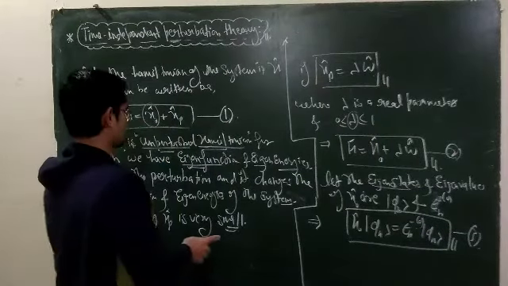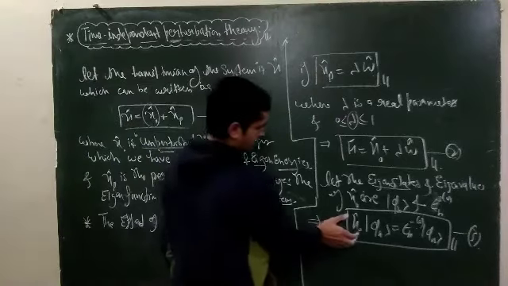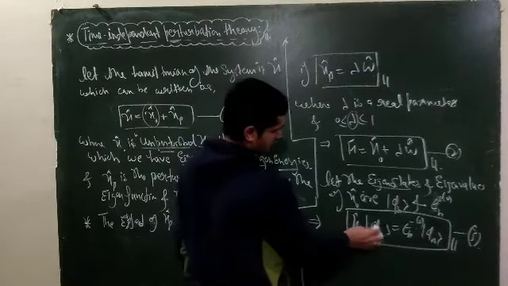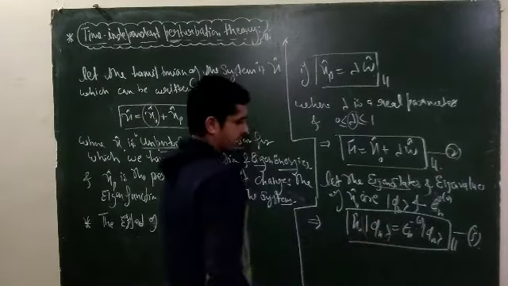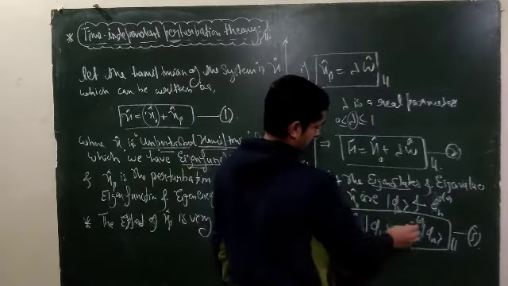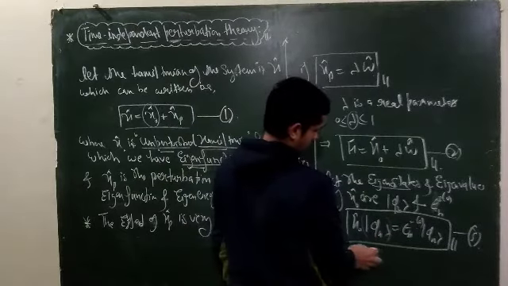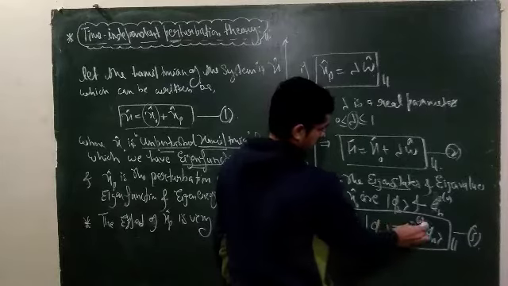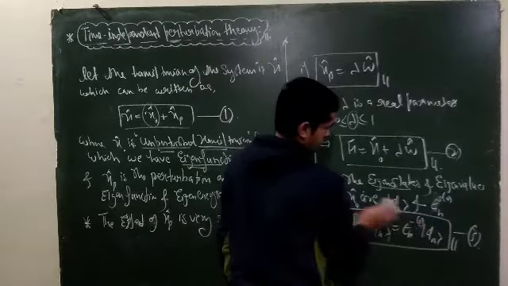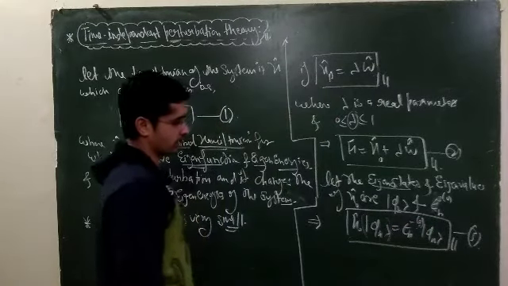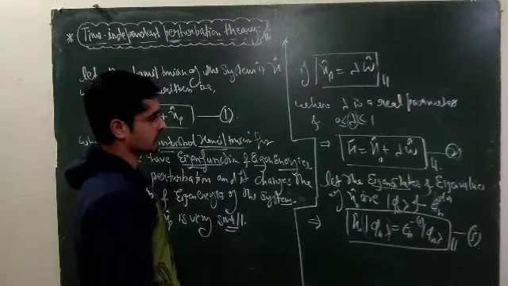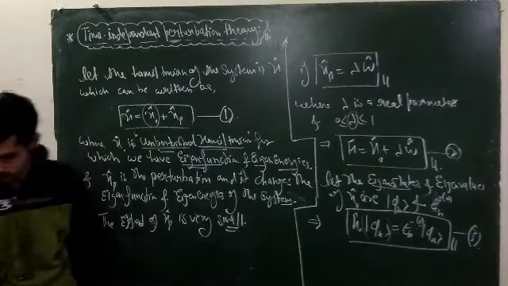This is our assumption that this Hamiltonian can be solved exactly, and its solutions are these phi n, with energy eigenvalue En naught corresponding to phi n.